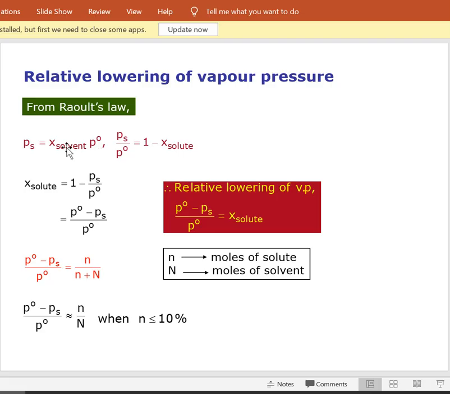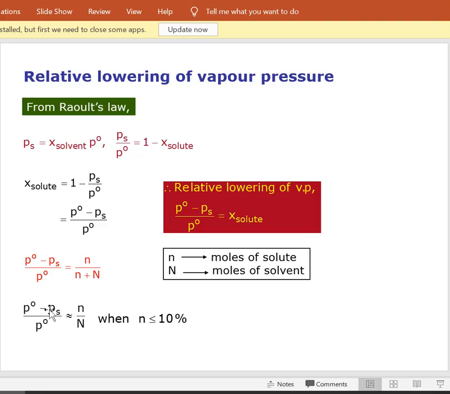PS upon P0 is equal to 1 minus X of the solute, so X of the solute will be equal to 1 minus PS upon P0. On taking LCM, we get P0 minus PS upon P0 is equal to n upon n plus N. Small n is the moles of solute, and capital N, moles of the solvent.